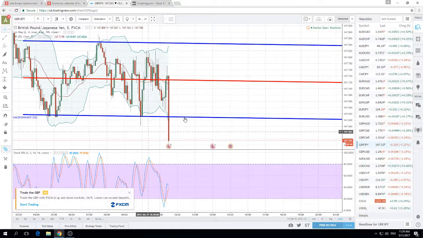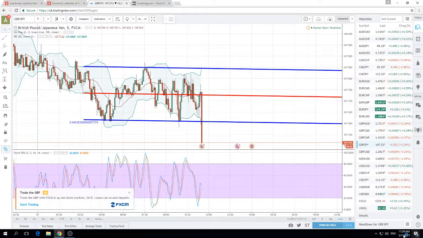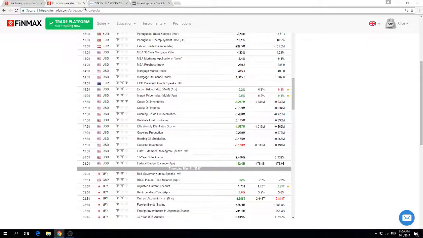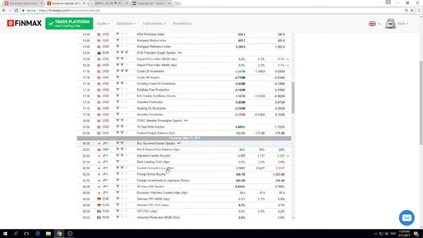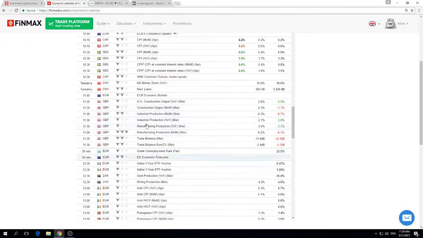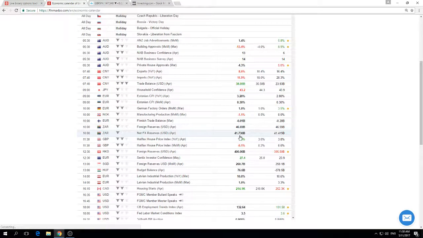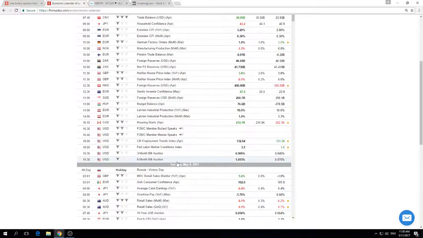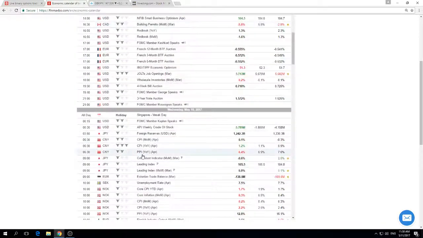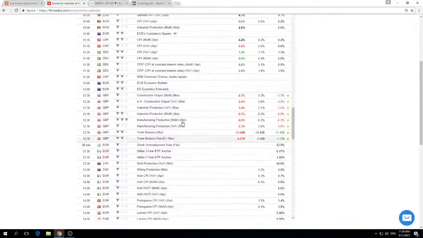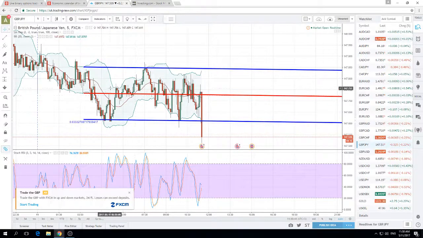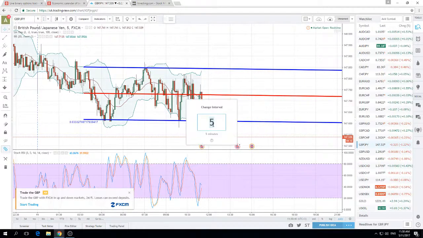Okay, so currently we have the influence of this event on the market. Let's refresh the page to see was it positive or negative. But as far as I see, the British pound started to move down. Yes, it was negative. So we see currently the result of this influence on the market.